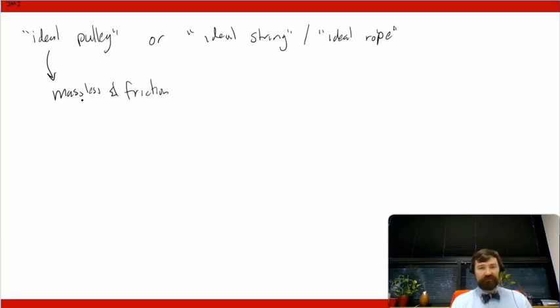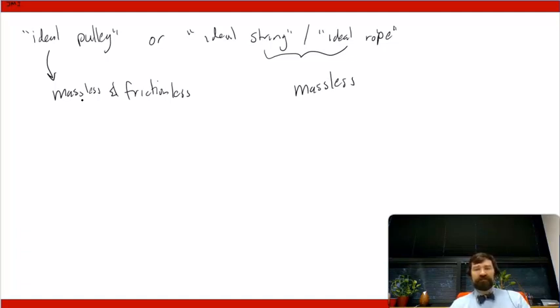So there's no forces from friction, and these things do not contribute any mass to the system. Essentially, you can solve problems in which these things are not true, but they do complicate the problem somewhat. So as an introduction, we'll assume that they're massless and frictionless unless stated otherwise. And the word ideal usually makes this assumption.